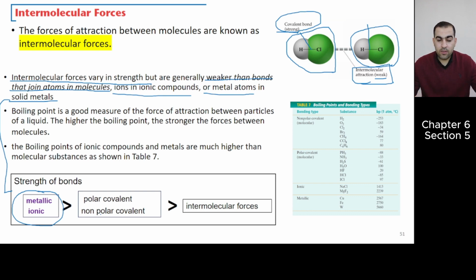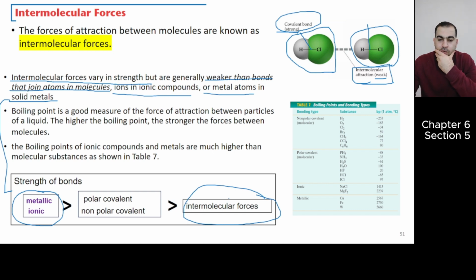Metallic bond is between metals. Ionic is between ions. So metallic and ionic are stronger than covalent. And covalent bond, which is between atoms of a molecule, is stronger than intermolecular force, which is between molecules. So the weakest one here is intermolecular forces, the force between molecules.